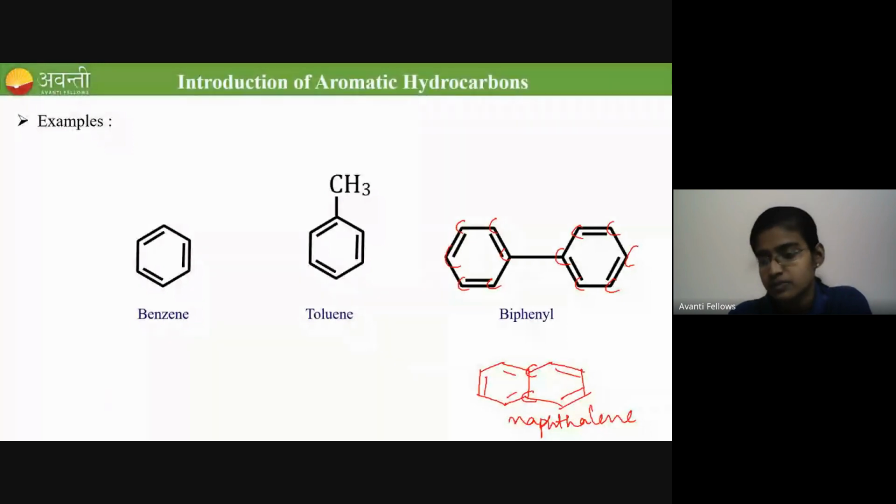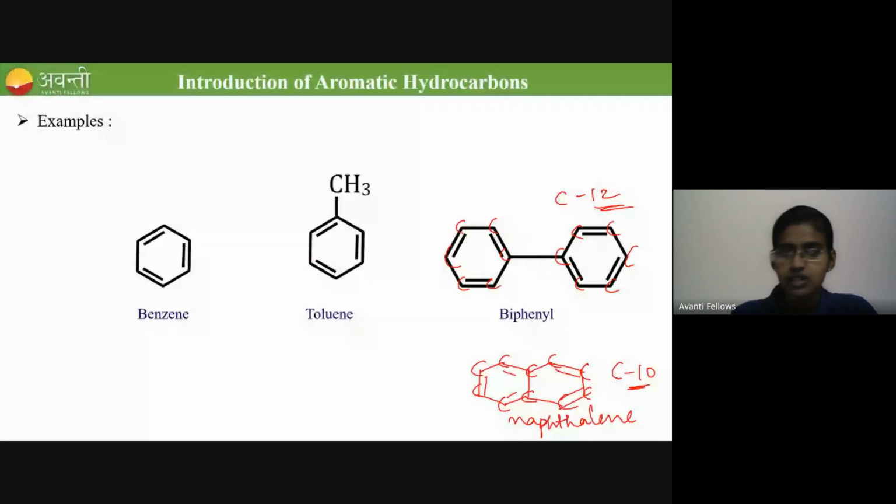Because the total number of carbons here would be 6, 7, 8, 9, 10 only, so we have only 10 carbons. But here we have 12 carbons, right? So the compound itself is different. That is biphenyl and this is naphthalene. Both are aromatic. Here we have 2 separate 6-membered rings, and here the 2 6-membered rings are fused together. Got it? I hope this is clear to all of you.